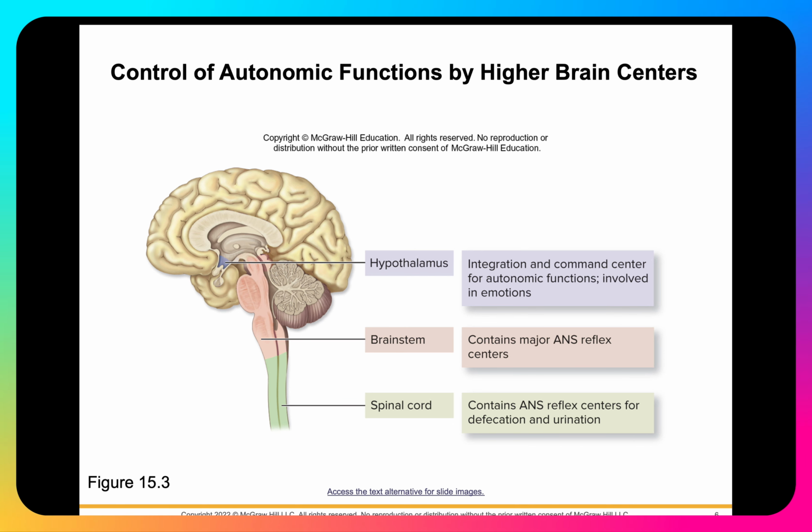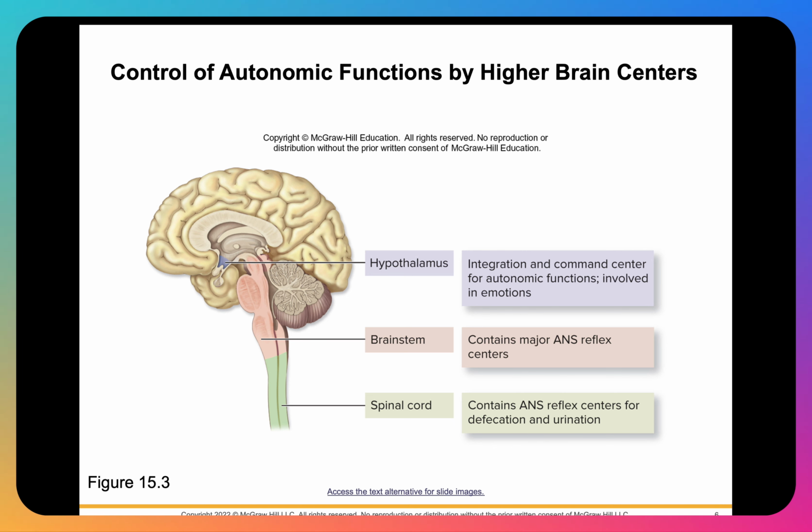In the next chapter that we cover, we're also going to see the role of the hypothalamus as it relates to the endocrine system. So let's think of the hypothalamus as the bridge connecting the two control systems we have within our body, the nervous system and the endocrine system.